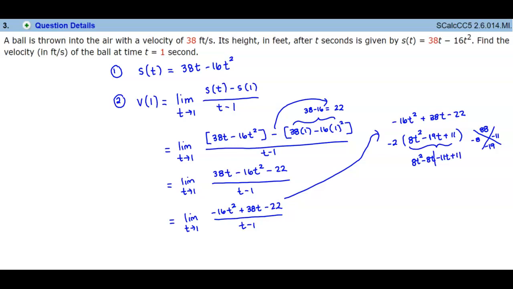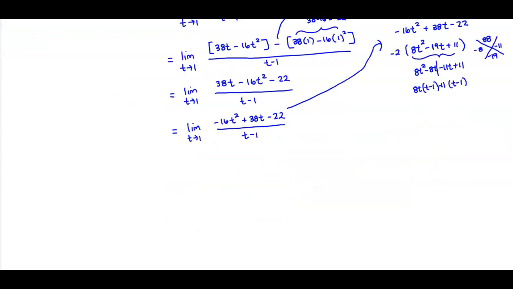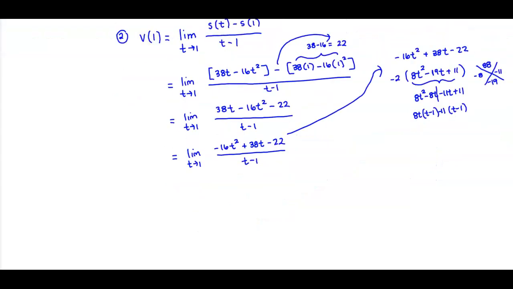And now we can factor by grouping. So if we factor out an 8t, what we have left is t minus 1. Over here we should get t minus 1, and we can factor out 11. And so now we end up getting the following. If we factor out the t minus 1, times 8t minus 11, and then bring down the negative 2.